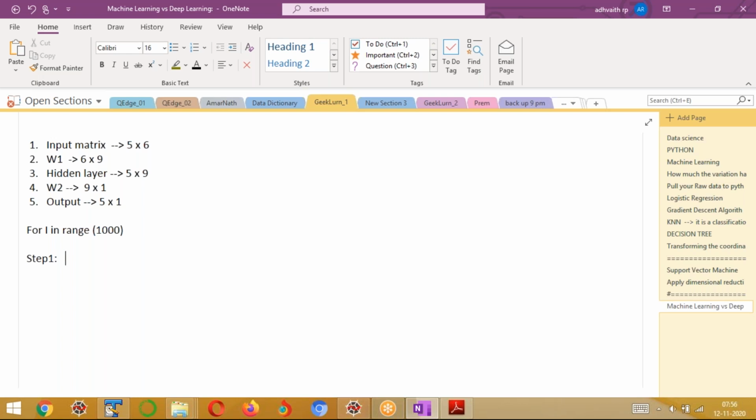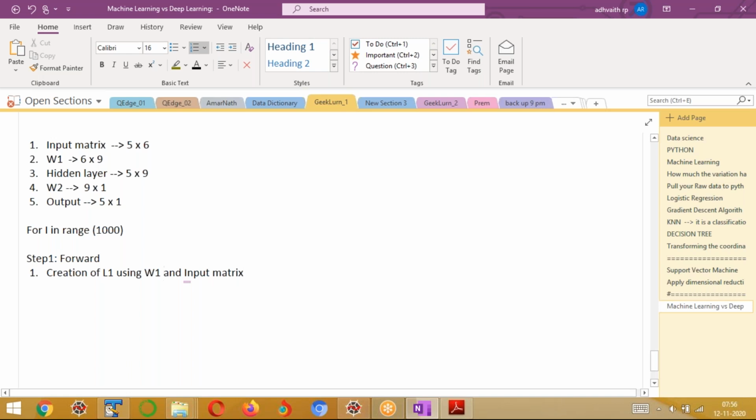If I apply the feed forward method, the things you have to create are: creation of layer 1, that means the hidden layer, using a dot product of W1 and your input matrix.